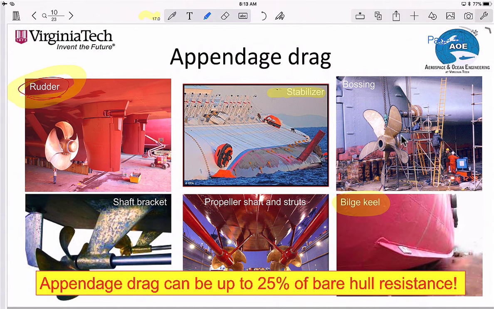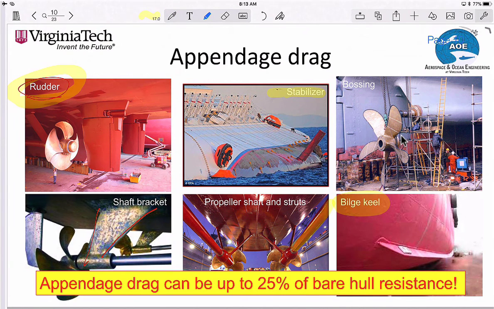Propeller bossing, like this, you can see here on the top right. Shaft brackets, this region here, this whole bracket, the whole purpose of it is to hold the propeller shaft, but it still causes drag. And then in the middle bottom picture here, that's a picture of the DDG-51, the Arleigh Burke class destroyer. You can see that there are very big propeller shafts.